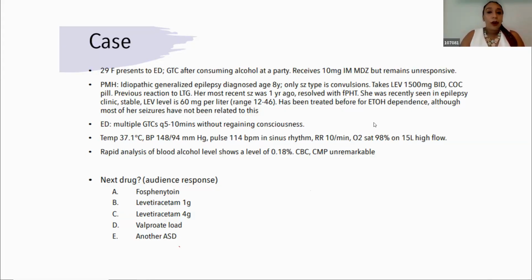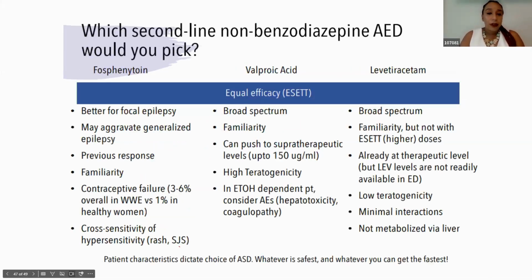But I still want to drill down on this very important topic. All the IV anti-seizure medications available functioned about the same based on the ESETT trial. Based on the meta-analysis, we know valproic acid is superior.